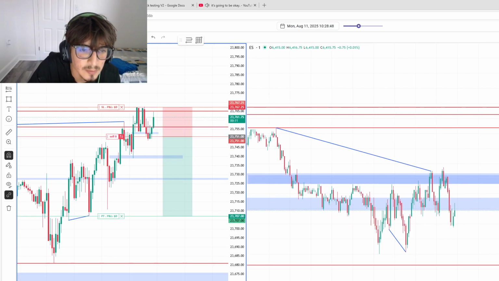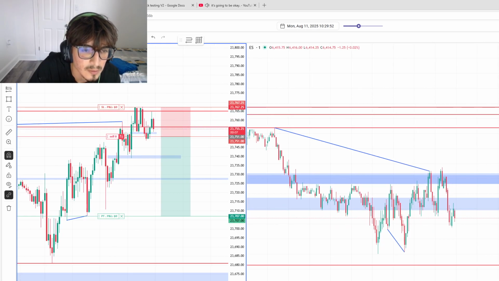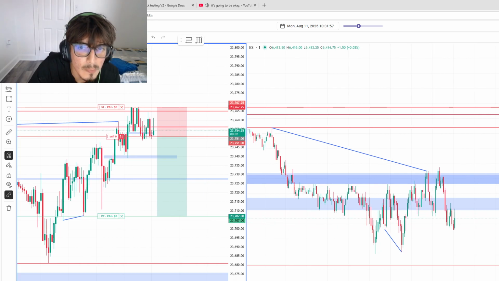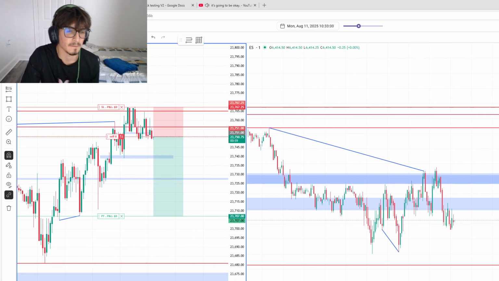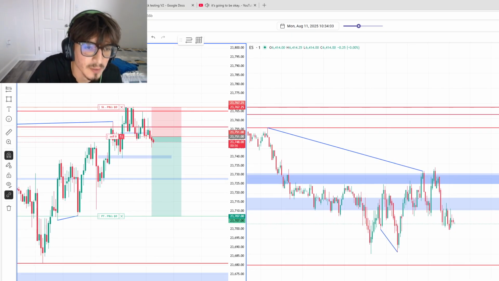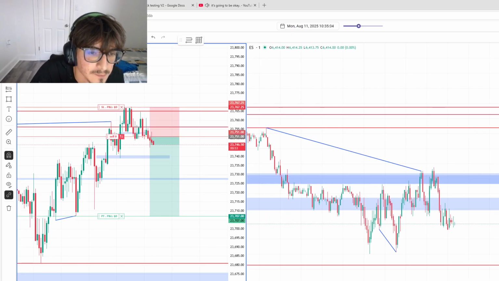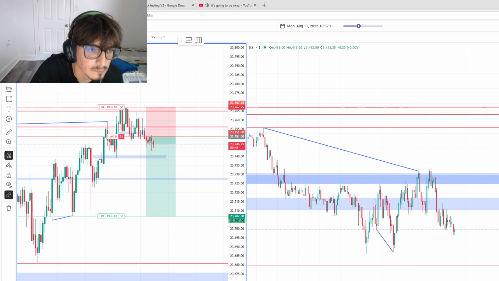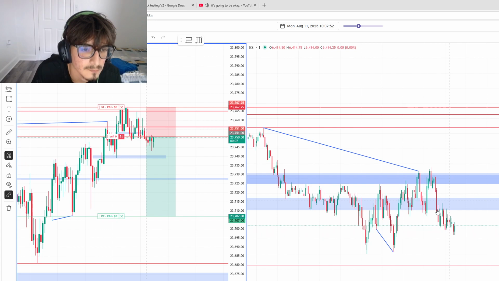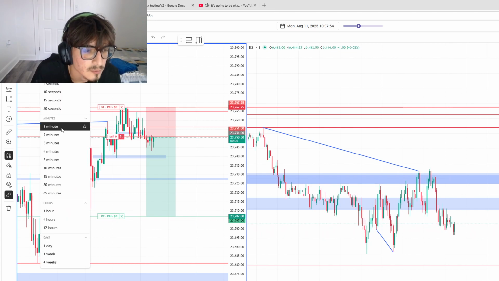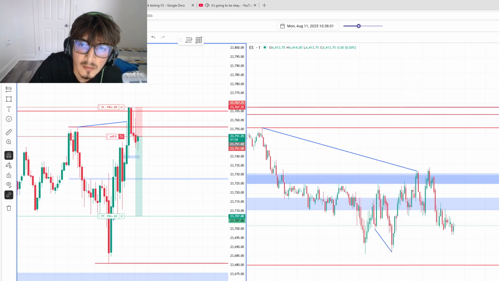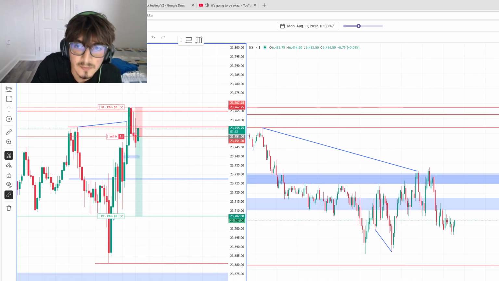It is a pre-CPI day, so I need to be more careful when entering a trade like today. And then we might just end up chopping around for the rest of the day. Okay, it's already been a couple minutes and we're not really seeing anything crazy.